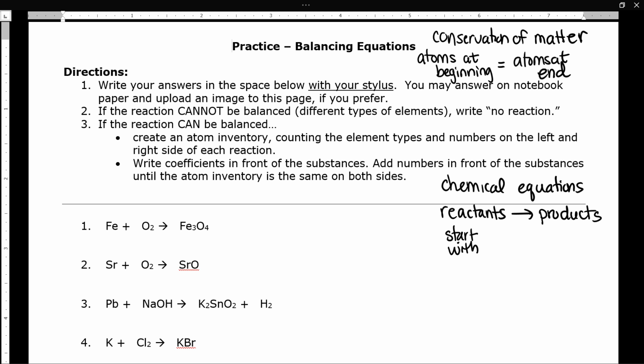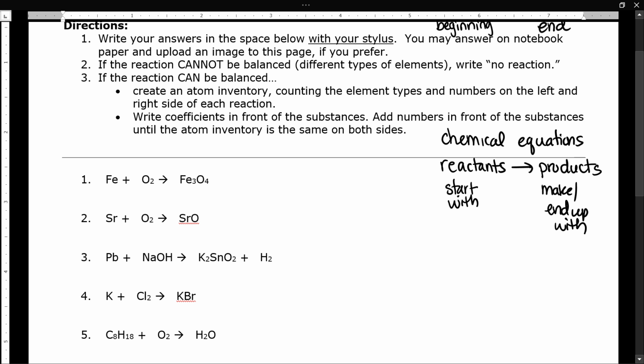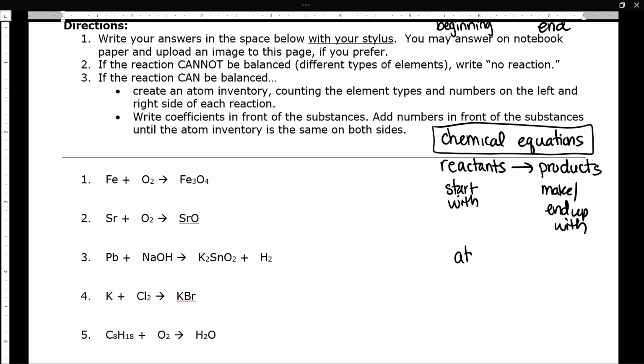The products are the things that you make, or end up with in a reaction. And if we follow the law of conservation of matter, the atoms on the left should be equal to the atoms on the right.